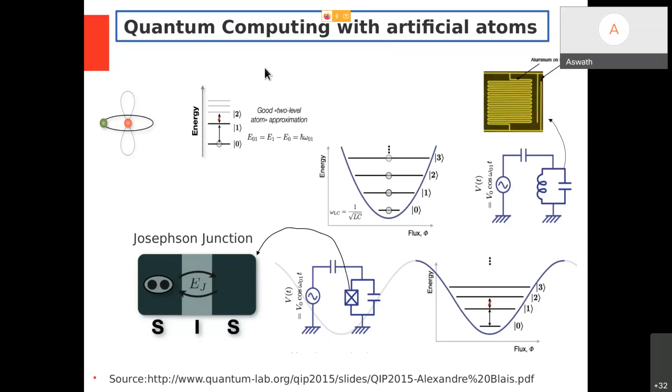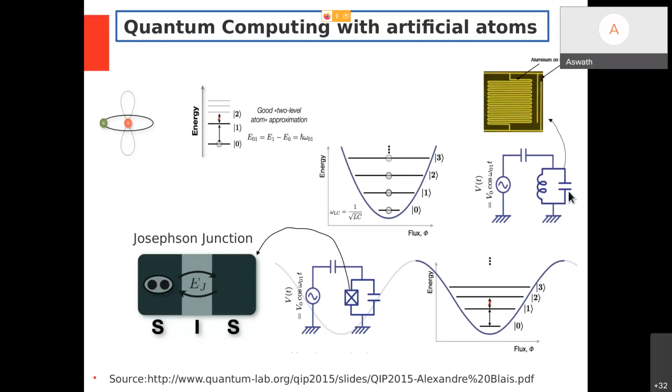Let's see how we realize a natural atom artificially. Let me take an inductor and a capacitor connected to some source. There is a capacitor here, but don't worry about that. What matters is there is an inductor and a capacitor.